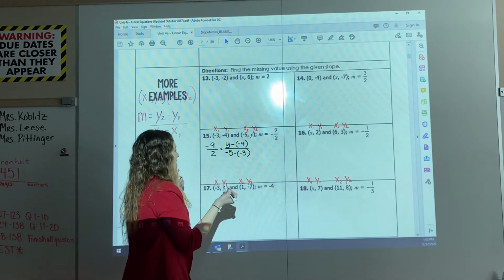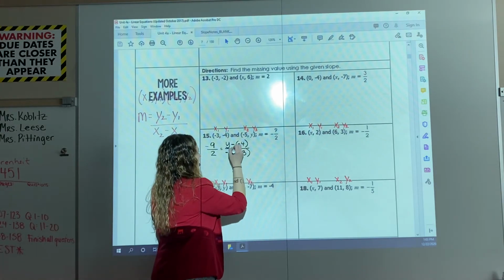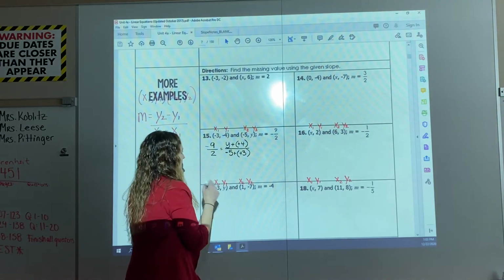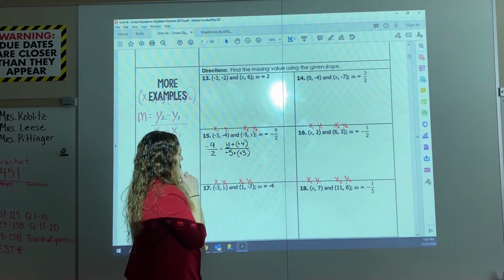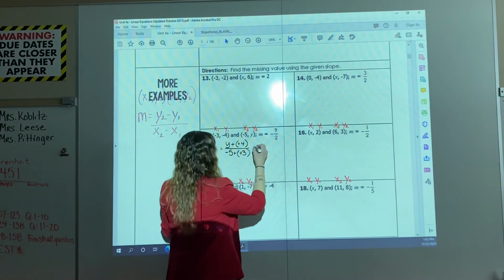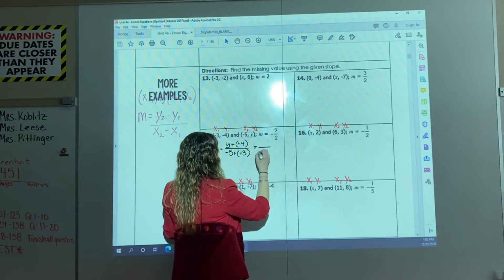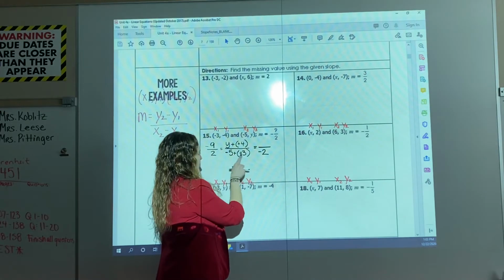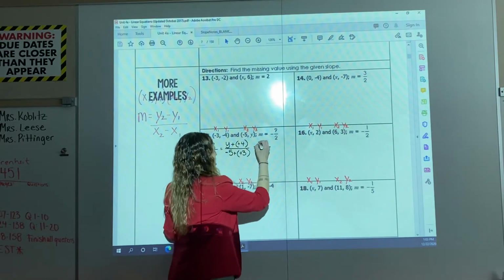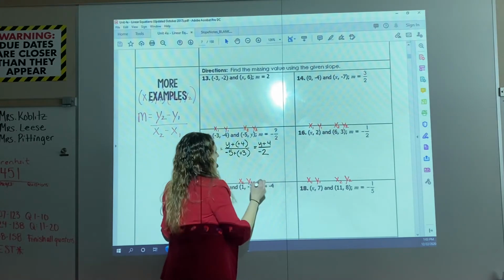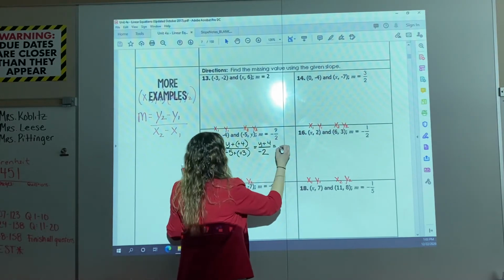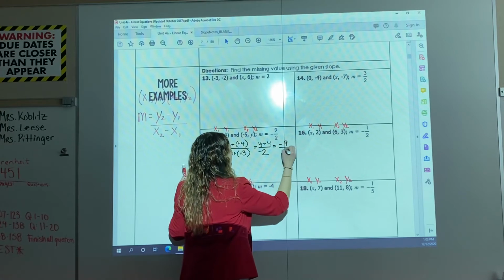Let's simplify what we can. I know that negative 5 plus 3 would give me negative 2. And then y plus 4, that's all I know here. And that should equal negative 9 over 2.